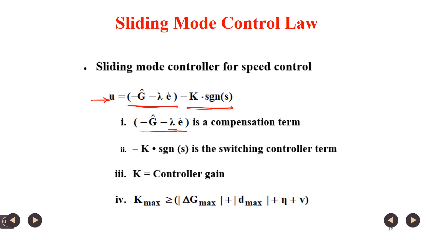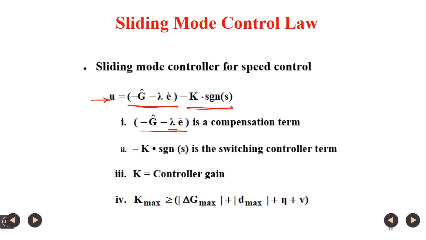When s is positive, the control input is negative, minus k, and when s is negative, sin of s is minus 1, and the switching control is plus k. So, it is a hard switching control, meaning the control output is either plus k or minus k. So, it attracts the operating point towards the switching surface or sliding line.